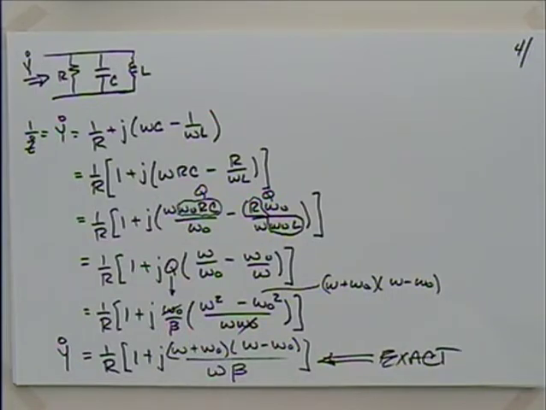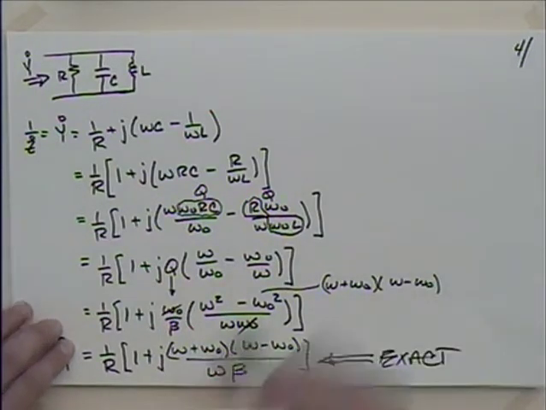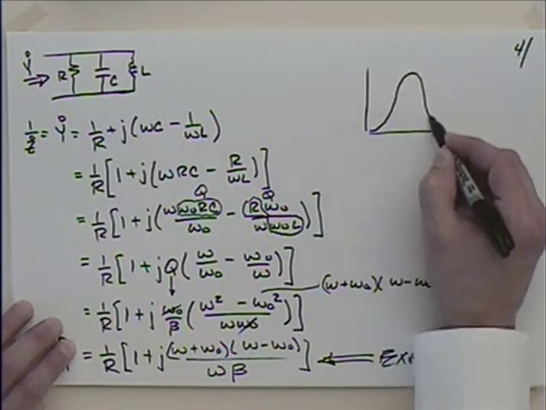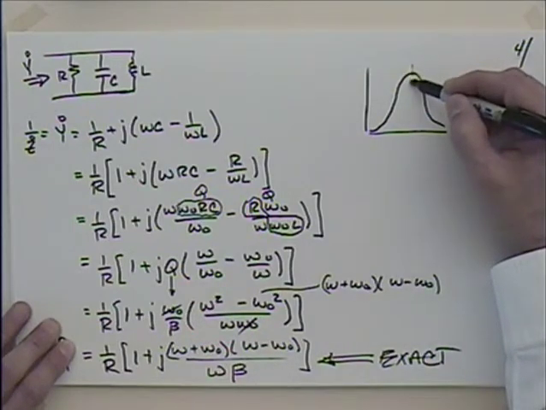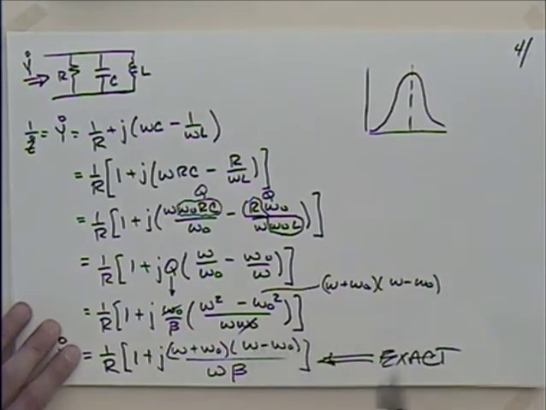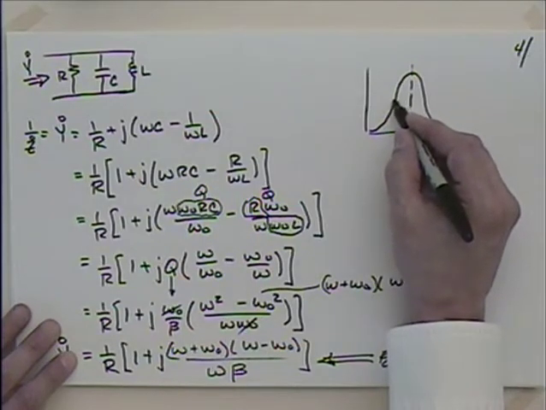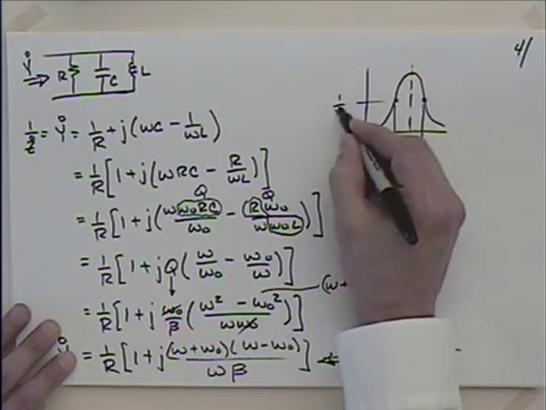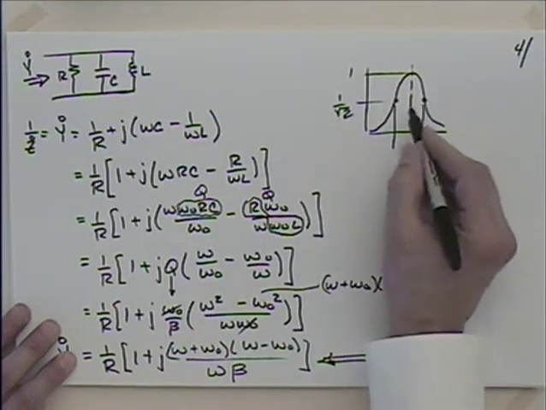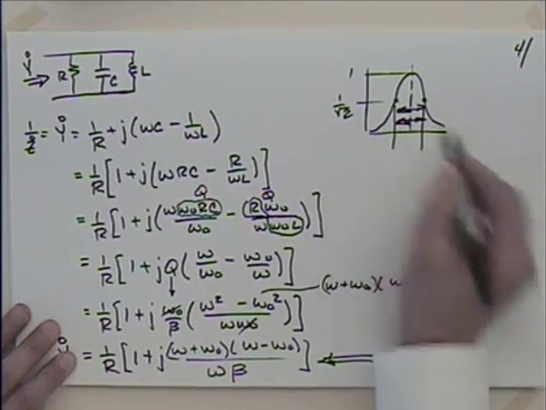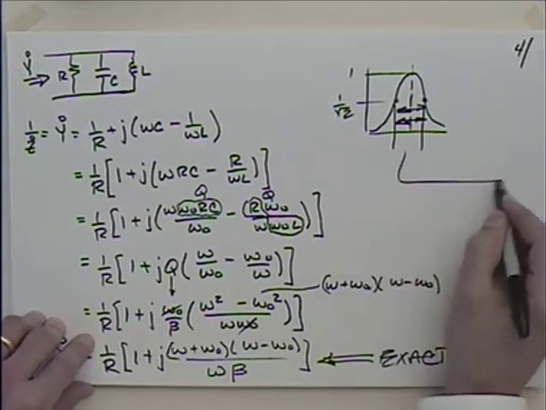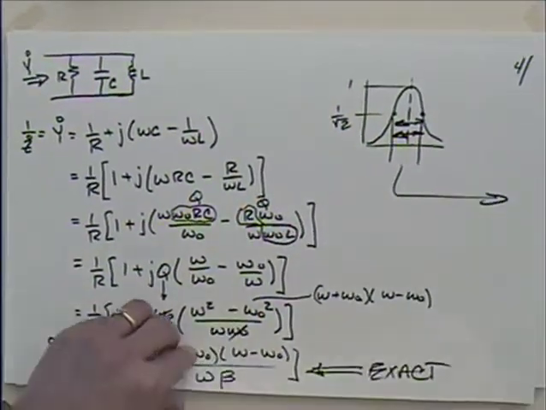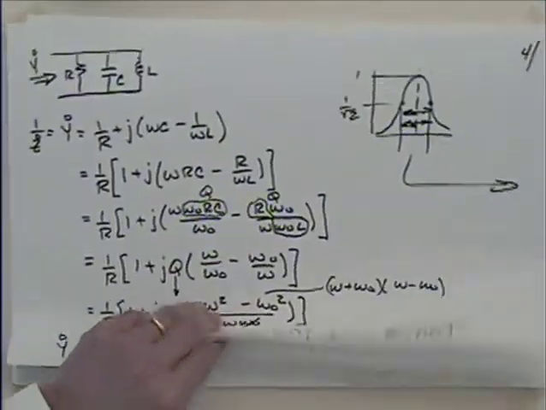Now, if we happen to be inside the half-power frequencies, so let's say that we think of this again as a bandpass, and it wouldn't necessarily need to be a bandpass. Omega could be any value, but there is a simplification if we are inside here. So in this region here, we can have some simplification, and we'll tackle another page for that.